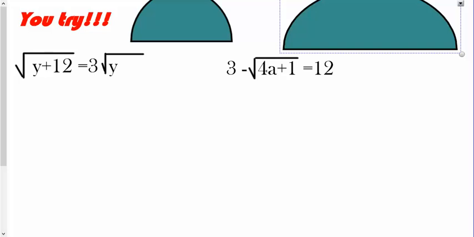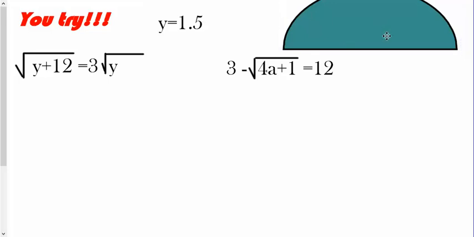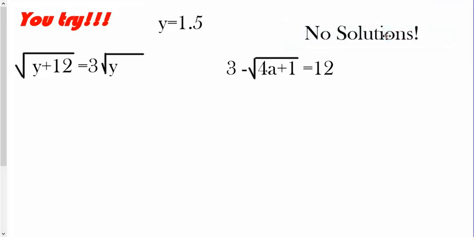Okay, so the first one you should have gotten that y equals 1.5. The second one you should have gotten no solutions. If you got both of these correct, stop the video here. If not, I'm just going to finish on with my explanation.